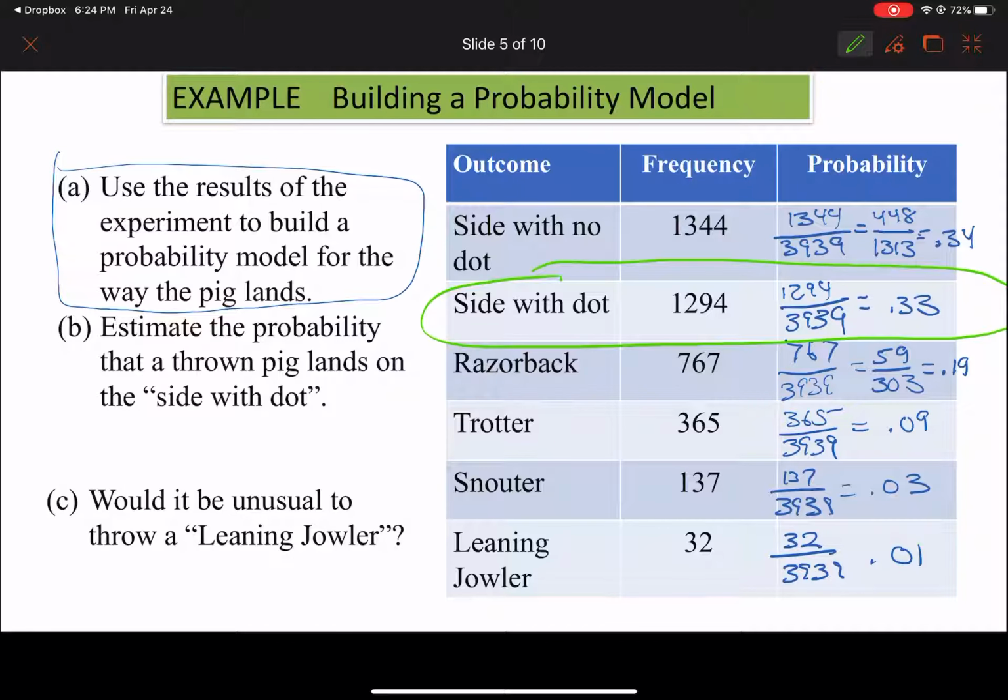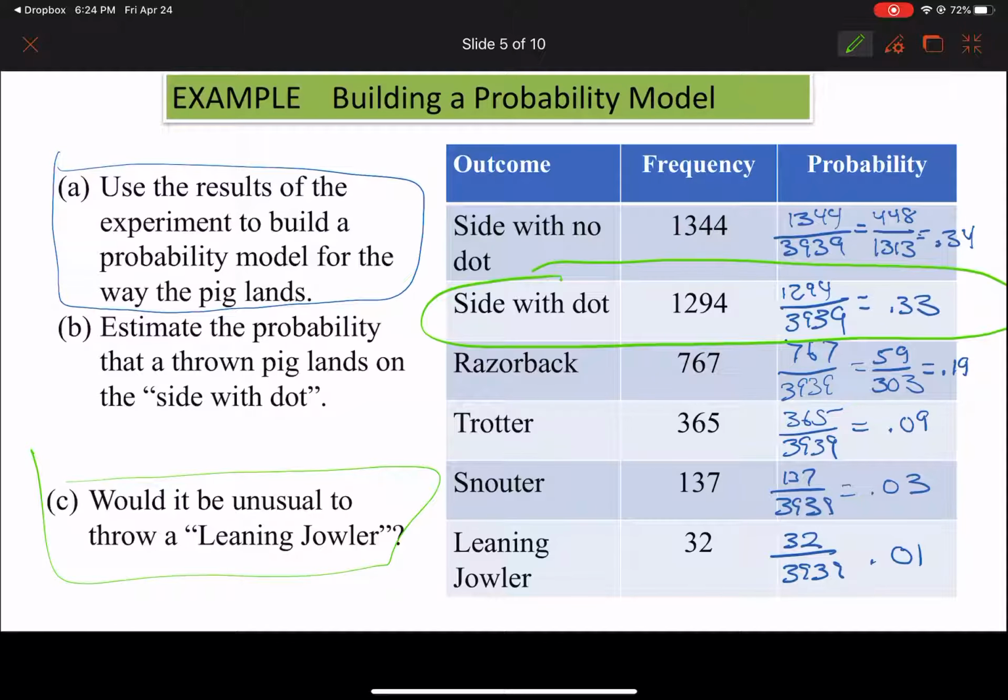So based on our experiment, about a 33% chance of it landing on a side with a dot. So about a third. The probability based on the empirical approach is 0.33 or 1294 over 3939.